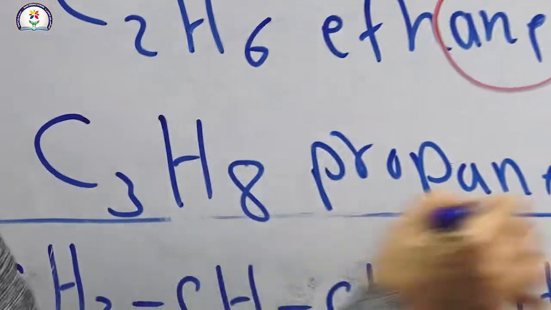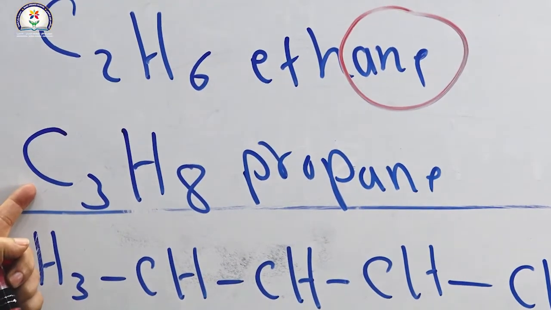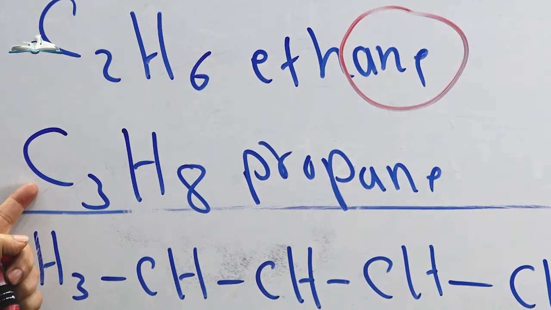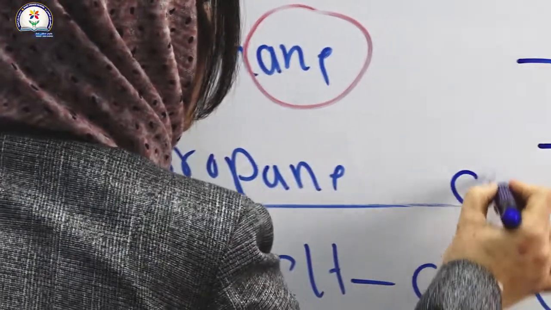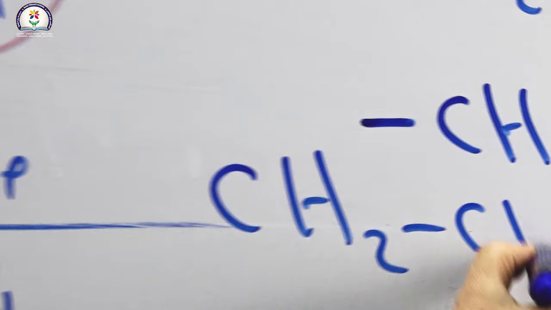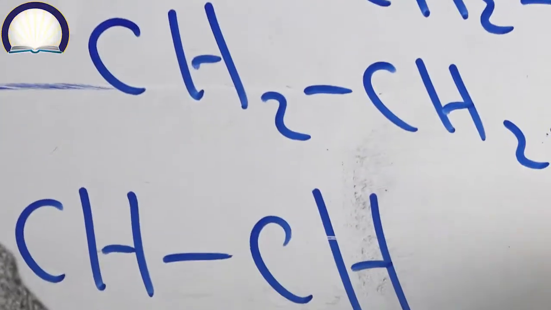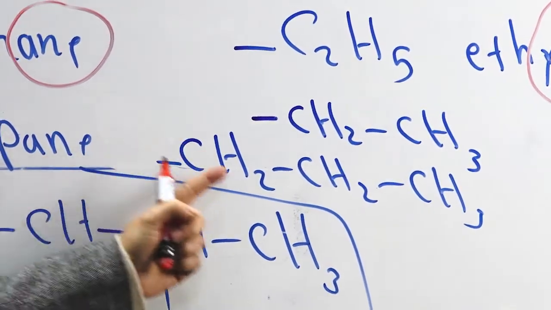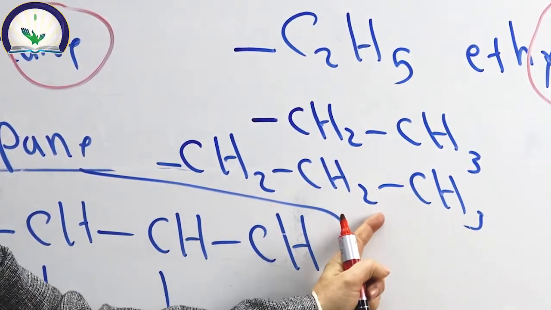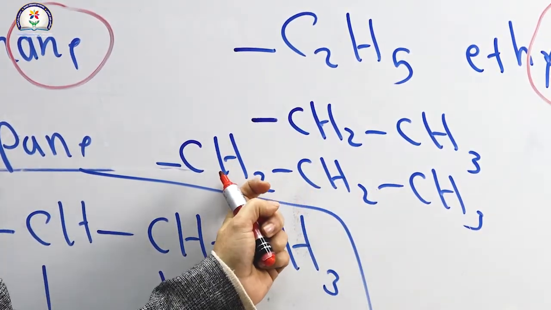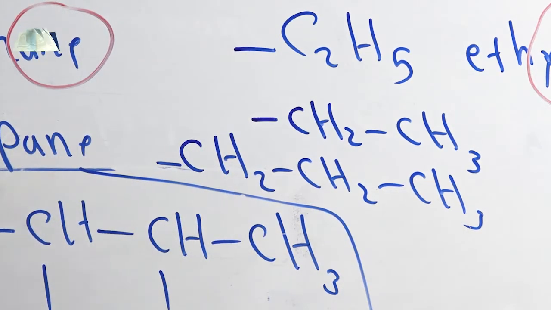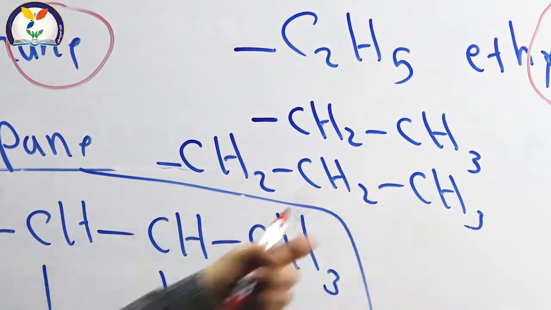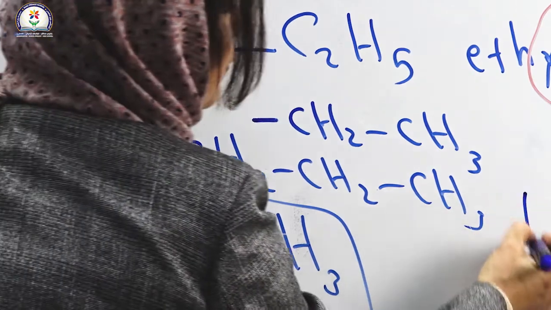After removing one hydrogen atom it will be CH3, CH2, CH2, CH3. And how many hydrogens do we have? 3 with 2 is 5, 5 with 2 is 7. The 8 became 7 hydrogen atoms. It will be propyl.